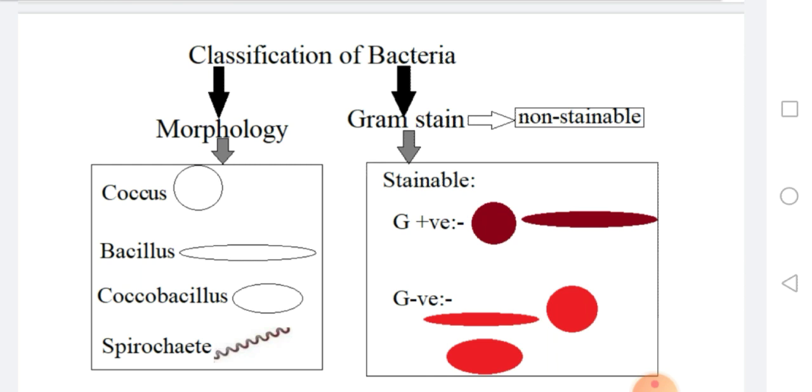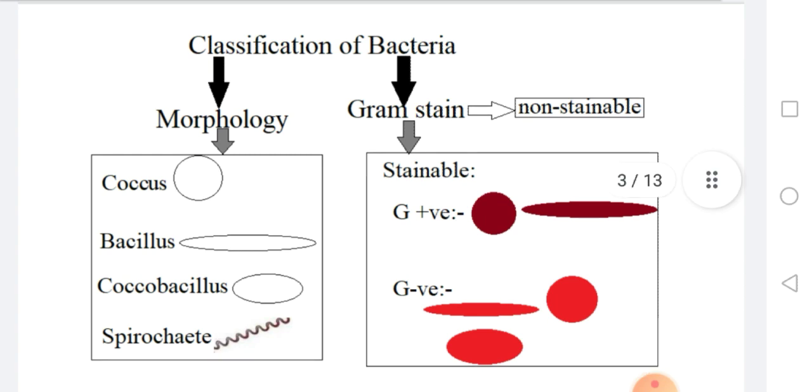The gram positive bacteria appear brown because they retain gram iodine, while the gram negative bacteria appear red because they do not retain gram iodine. The gram positive can be cocci and bacilli, but the gram negative can be cocci, bacilli, and coccobacilli.